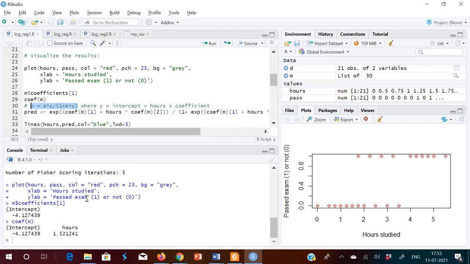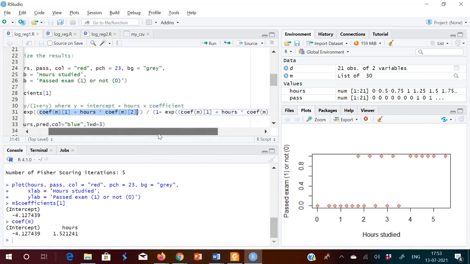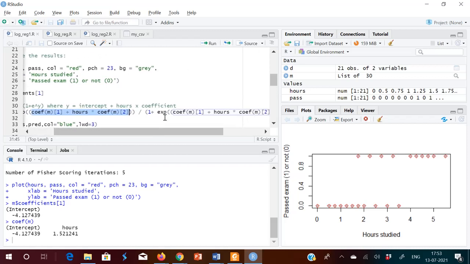As we can see, the second item of the coefficient will be for the hours. That's why the 2 came, and 1 will be the intercept. So e raised to y, this is our y, divided by 1 plus e raised to y.